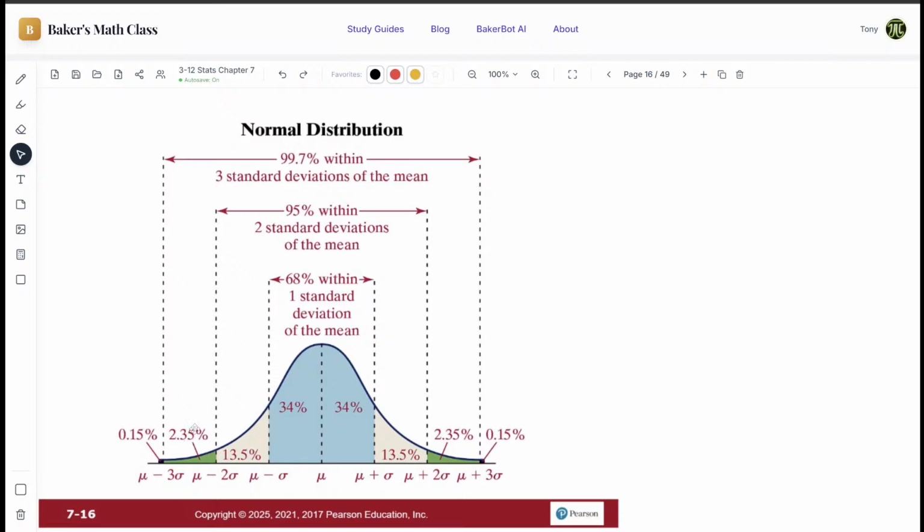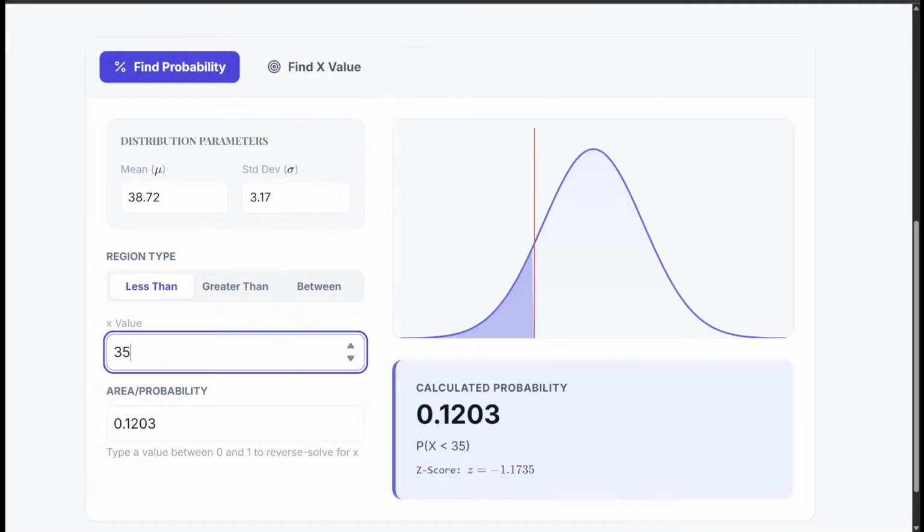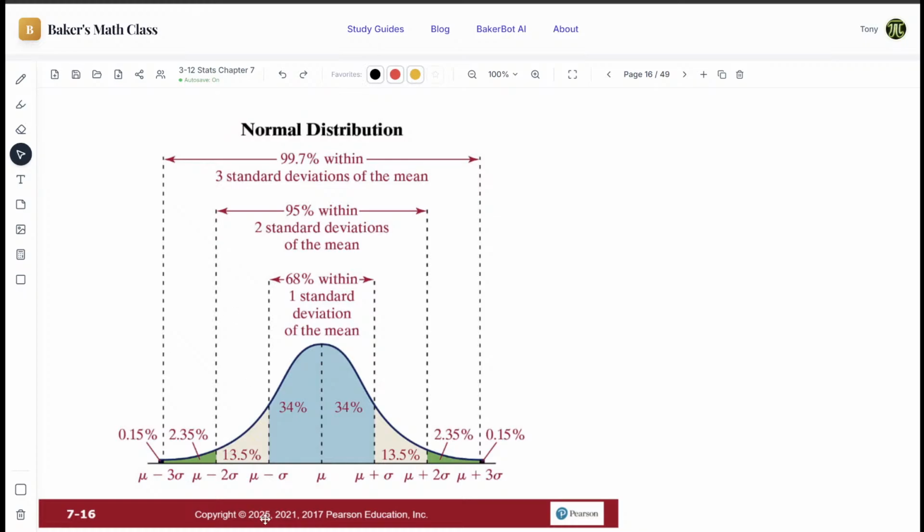That's 13, another 2.5. So yeah, about a 12 kind of makes sense because we're going to be somewhere in this area over here. So if you got a number that was like 30%, you should be able to look at it and go, something doesn't seem right here. Go back and check your calculations. You might have made a mistake somewhere. Okay. So that's really the biggest piece to a lot of this.